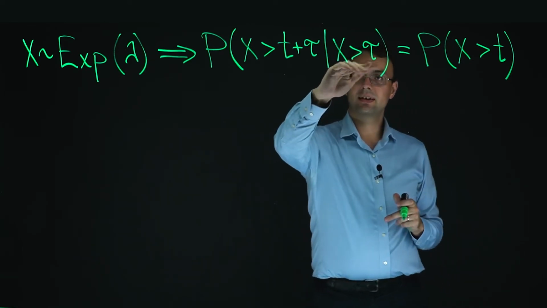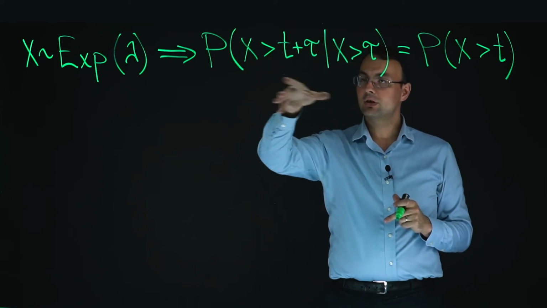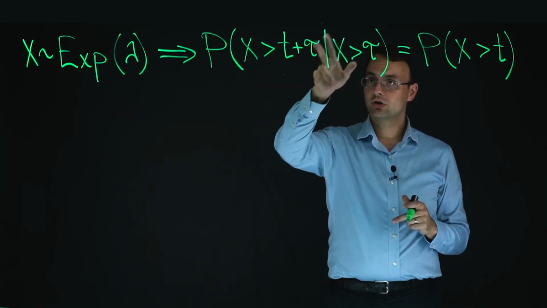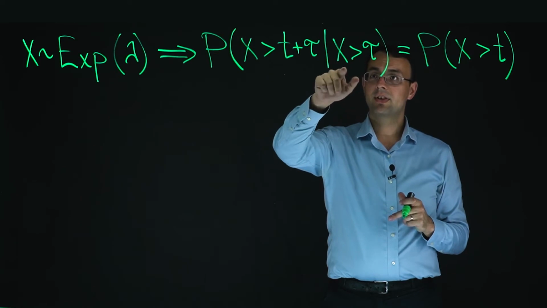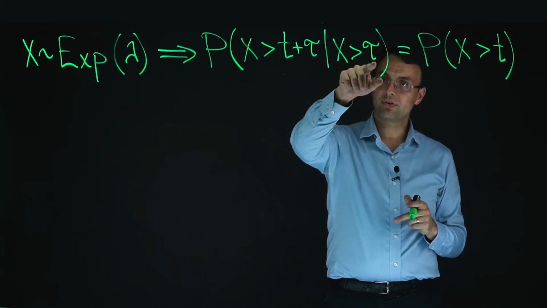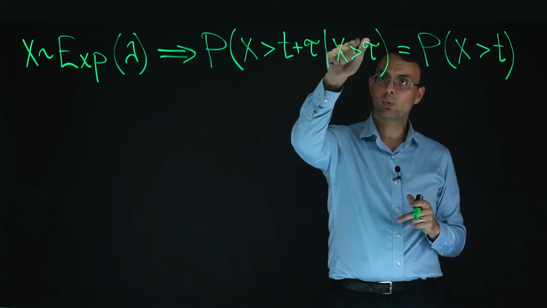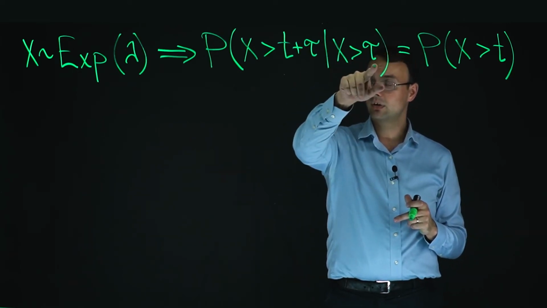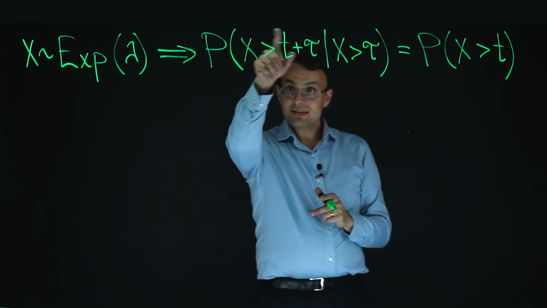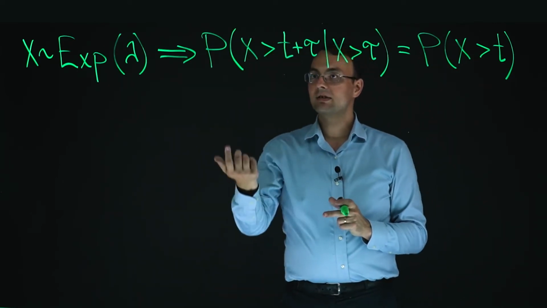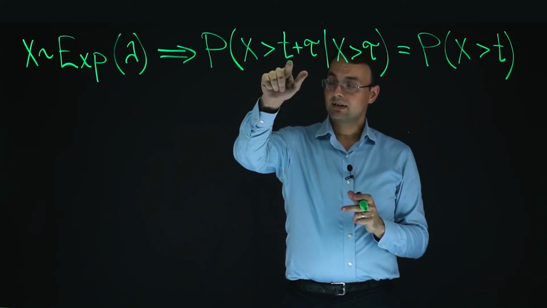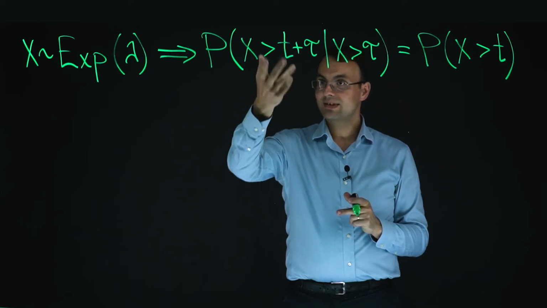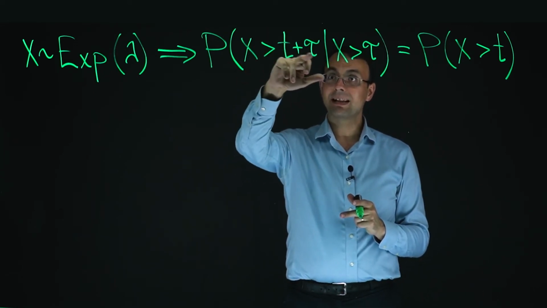So this is a conditional probability: given that you have already waited for tau minutes, your waiting time is already more than tau, and this is probability that you will wait for t minutes more, so that your waiting time will be more than t plus tau.